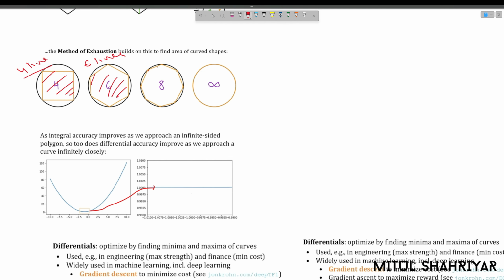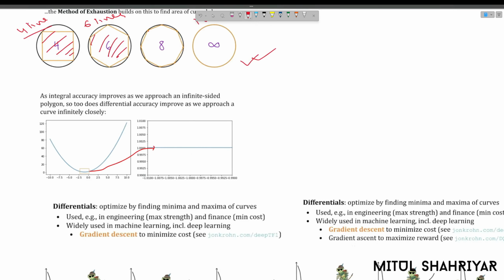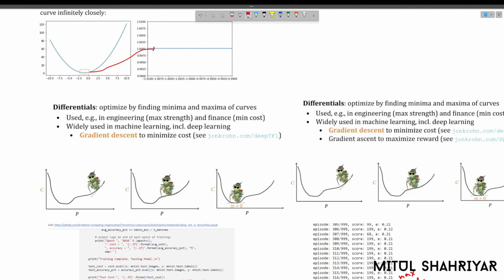But again, if we have much more than this number of lines, maybe 100, then you can see these almost cover the circle. That means if the lines are very small, it will actually cover the whole circle. So this again goes within our integration. Okay, great. So this is how we will talk about those in the integration.